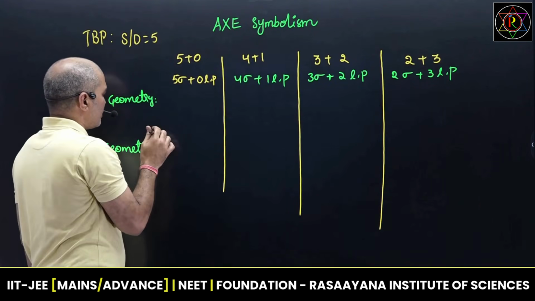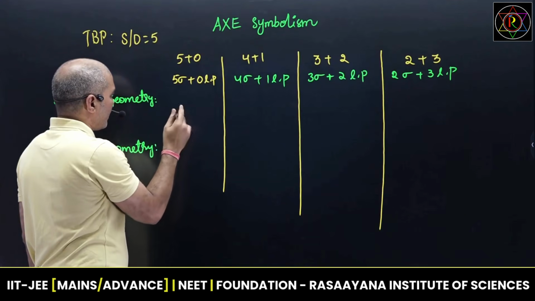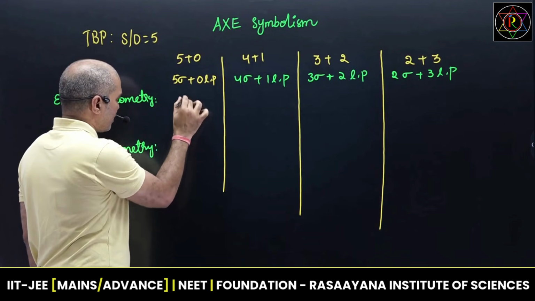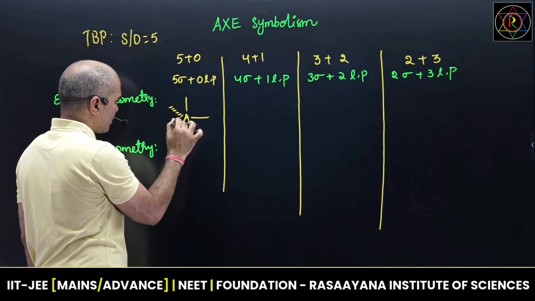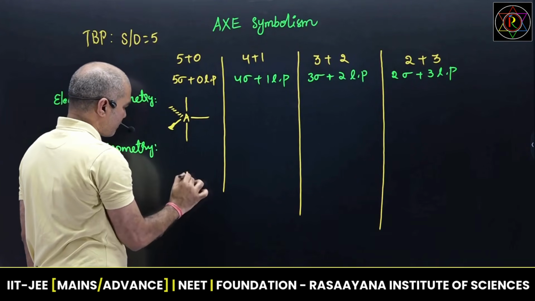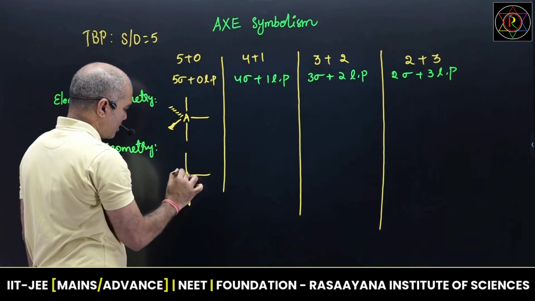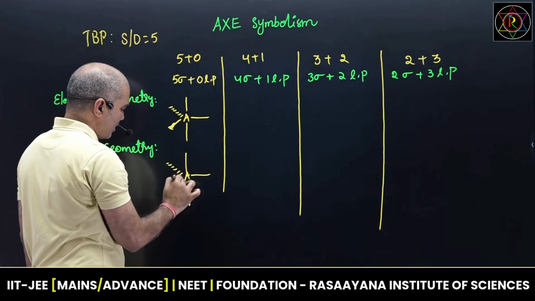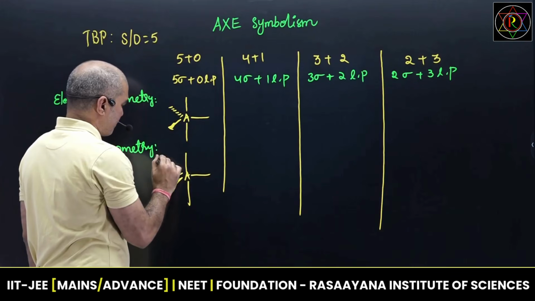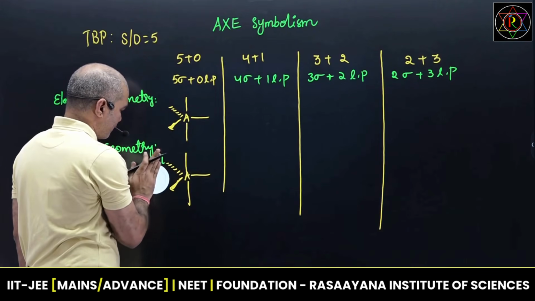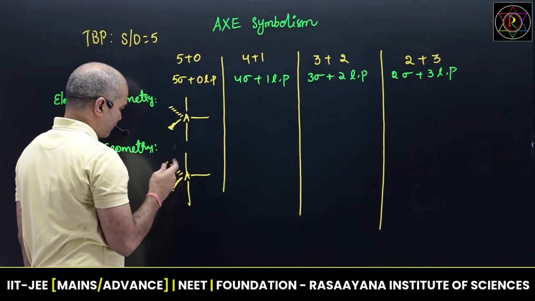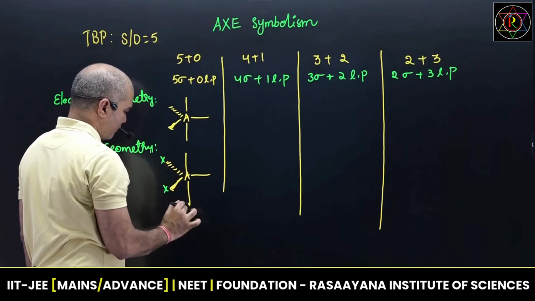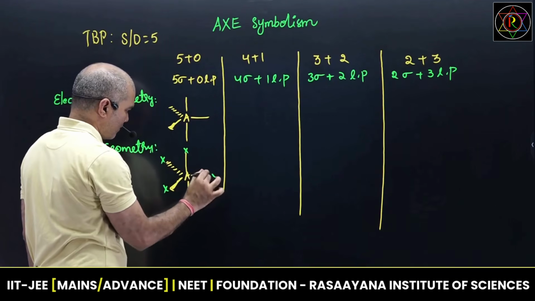Now we'll come to the geometry. When I draw the geometry A, both electronic as well as molecular geometry remains the same. It is trigonal bipyramidal.